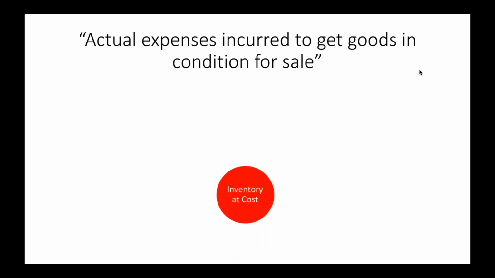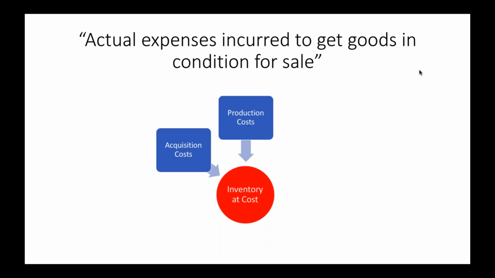So generally accepted accounting principles say that inventory must be valued at actual cost, the actual expenses incurred to get goods in condition for sale. This would be the cost to acquire all the parts and products. It would be some portion of the production costs.